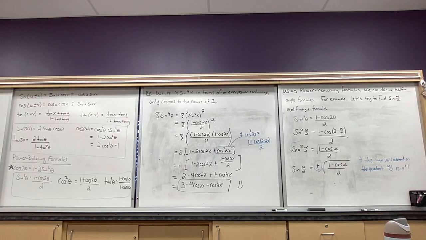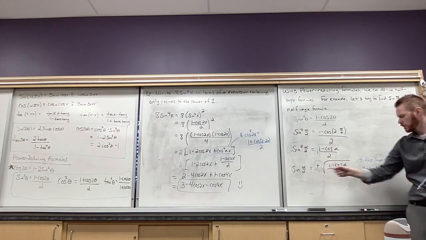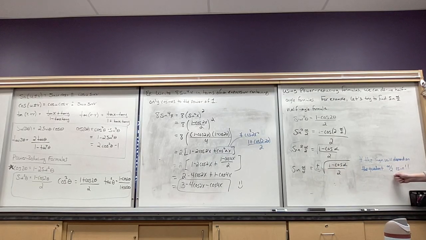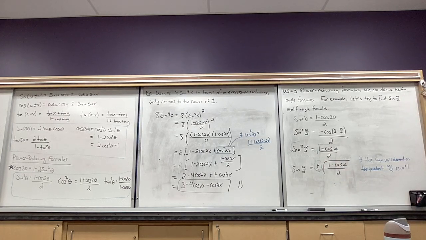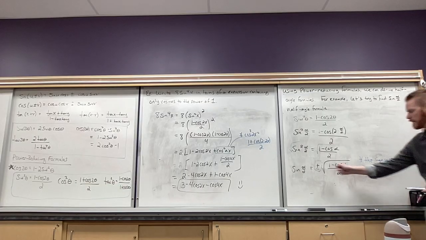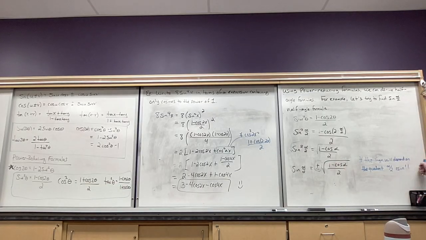Okay, it's going to depend. So for sine, we know that sine is positive in quadrants 1 and 2, negative in 3 and 4. So if my theta over 2 is in quadrant 3, then I'm going to use a negative symbol. If my theta over 2 is in quadrant 2, where it's positive, then I'm using the positive symbol. So that's what the plus or minus is there for. Not just because it's a square root, but mainly because whatever quadrant you're in, that'll tell you what sign to put out there. So that's very important there.